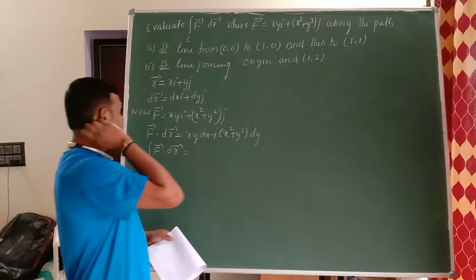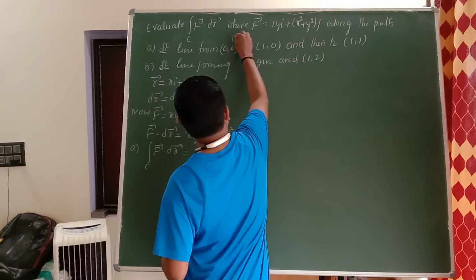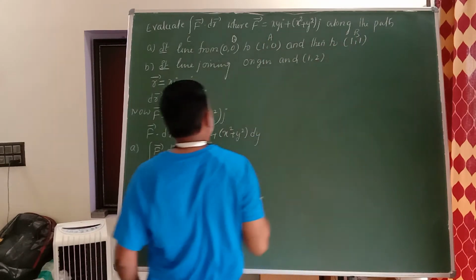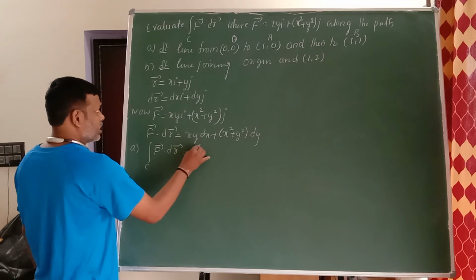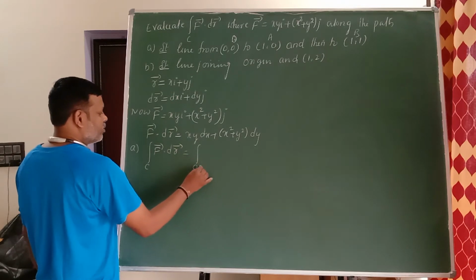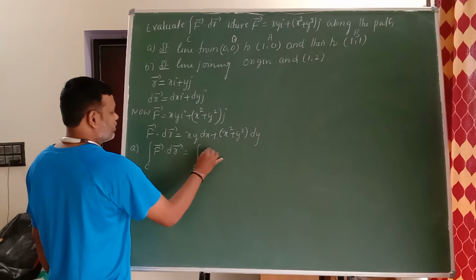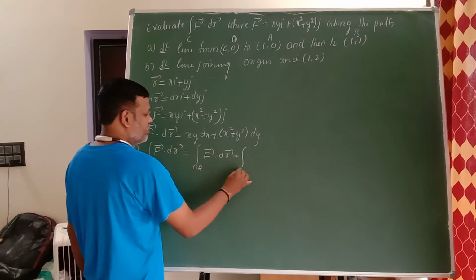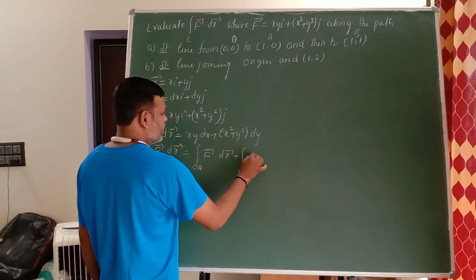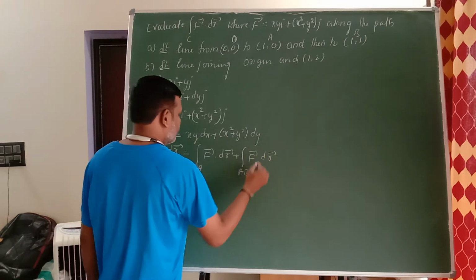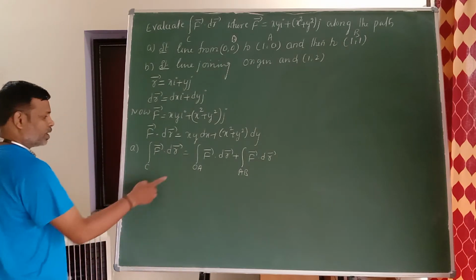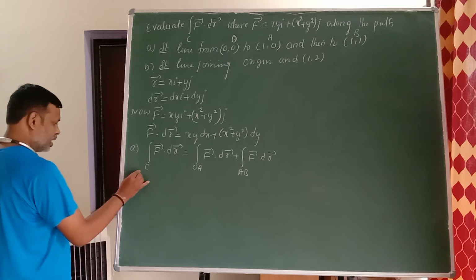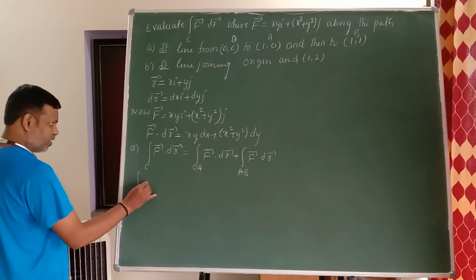Here I can take this as the origin O, this as point A, and this as point B. First let us consider OA. So the OA curve F dot dr, plus next the AB curve F dot dr. First understand that along OA we have to find it out, along the curve OA, F dot dr.